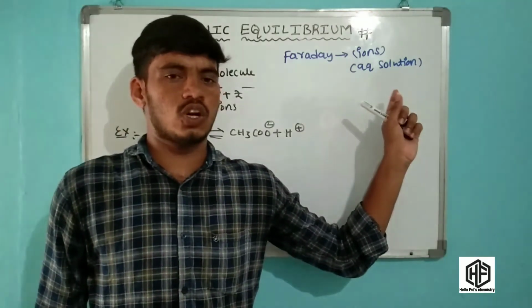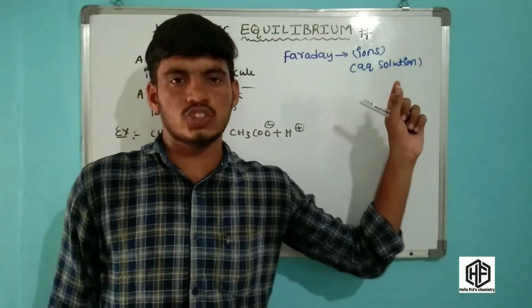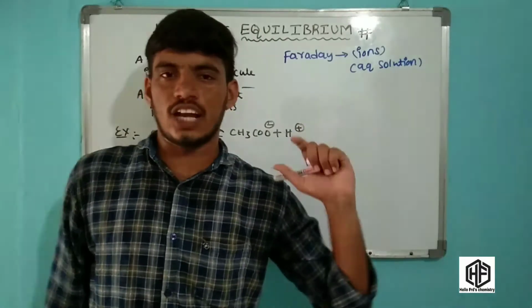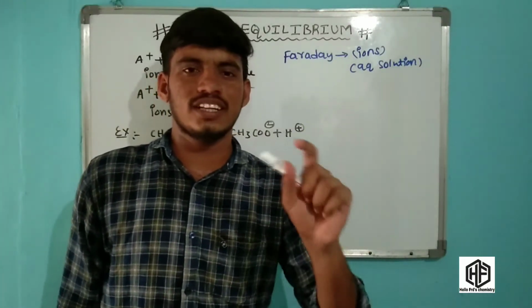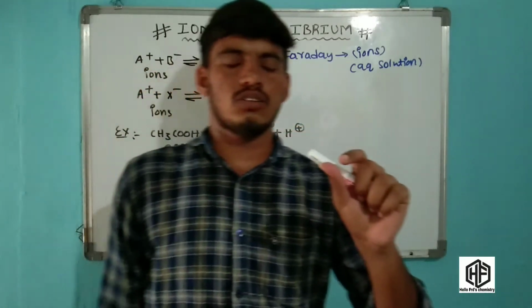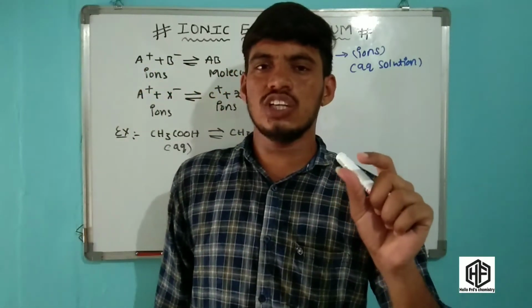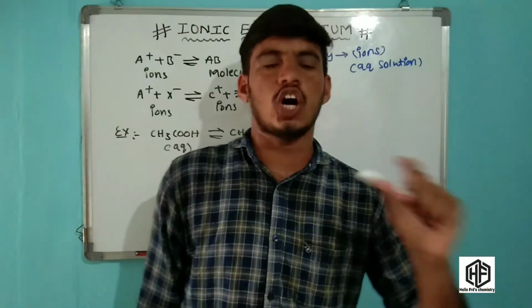It means that a substance that produces electricity in solution is called an electrolyte. In chemistry, two types of solutions are present: one is sugar solution and another one is salt solution.